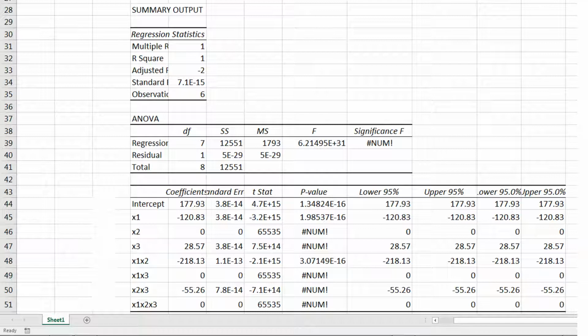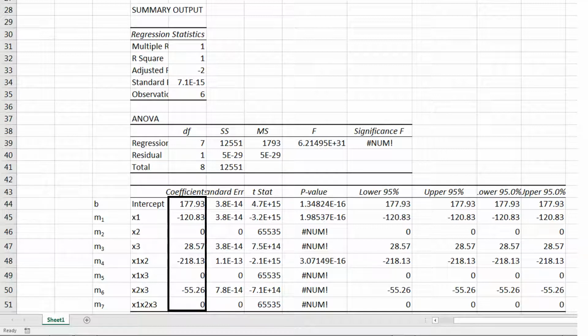We're using a technique called ANOVA, which stands for Analysis of Variance. And this ANOVA table will give us the coefficients that we're seeking. For instance, if we look at the bottom table, we'll find coefficients for all the parameters we wish to have tested. For the value of B, the coefficient is 177.93.